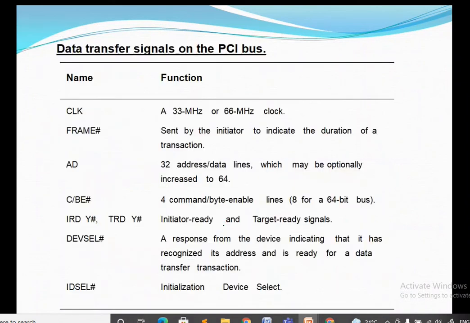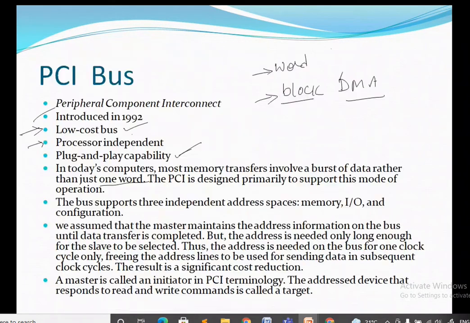Now, before going to the working procedure, what signals it requires to work with the PCI bus. Always remember the bus supports three types of address space. One we call the memory address space, that is to store the data or information, with respect to memory addresses.